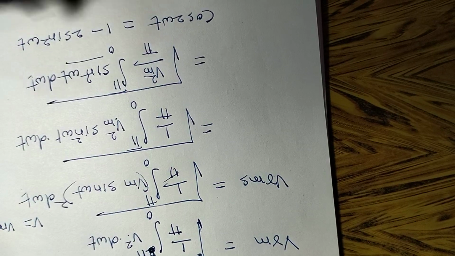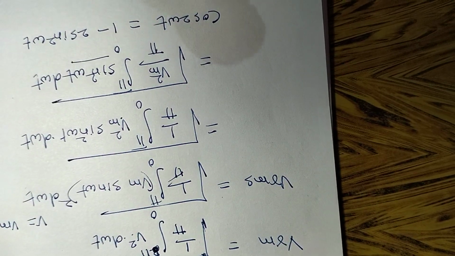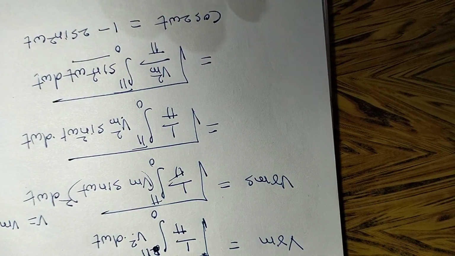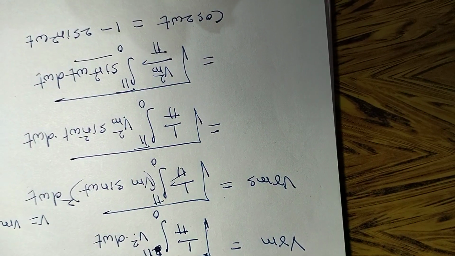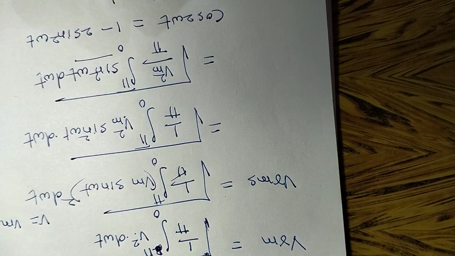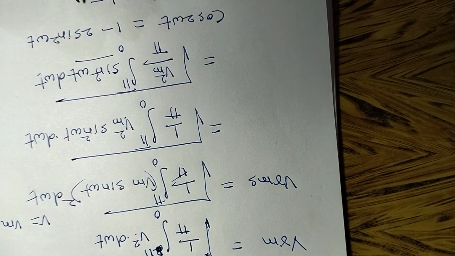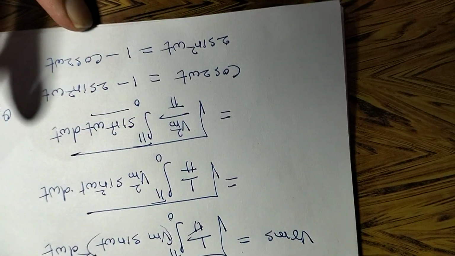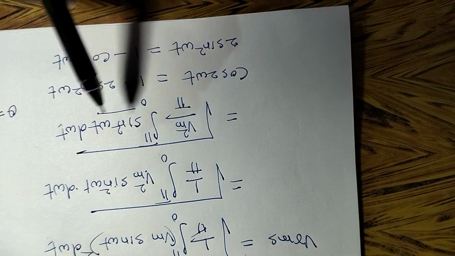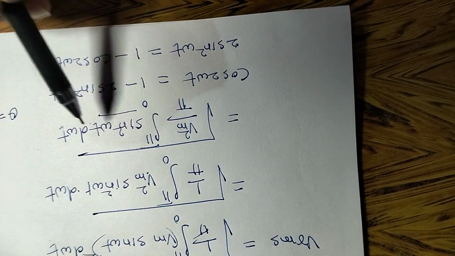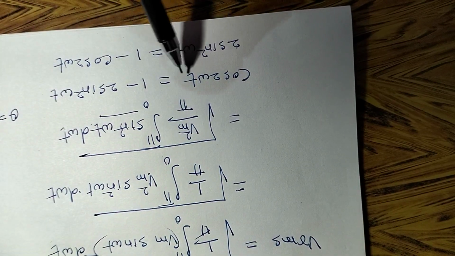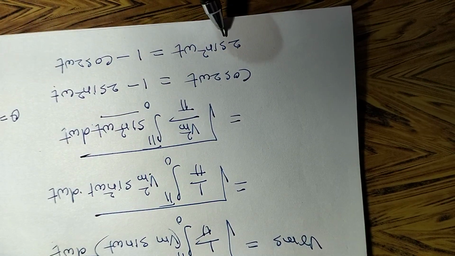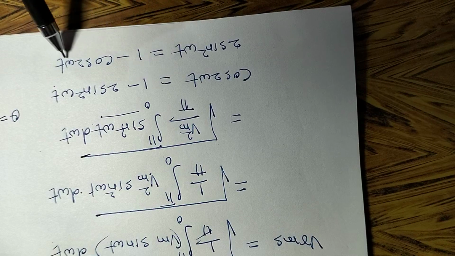So 2 sin square omega t equal to 1 minus cos 2 omega t.